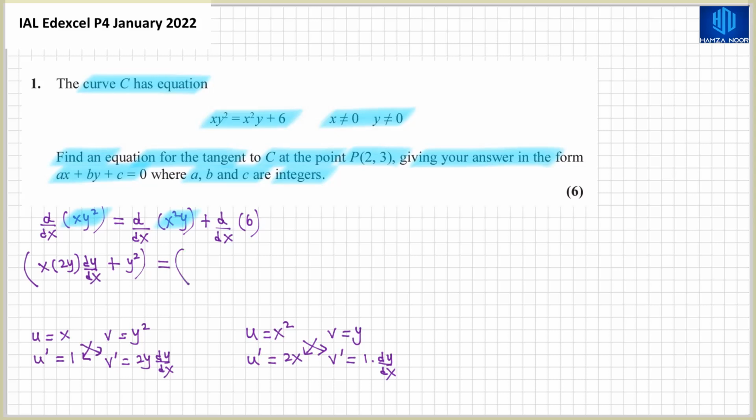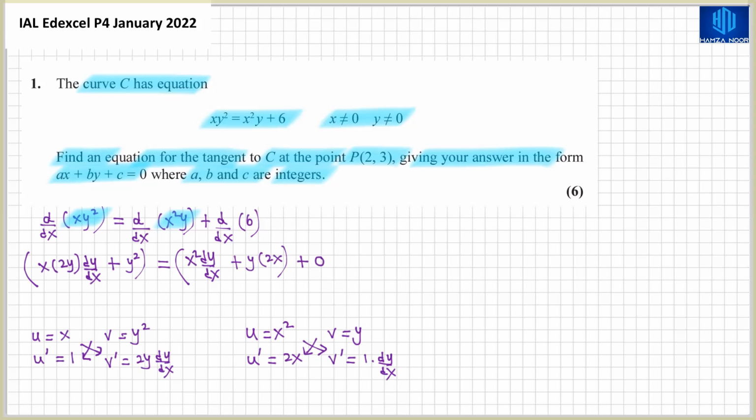I'm going to write the expression over here: x² multiplied by dy/dx plus y multiplied by 2x, and then plus this constant term 6, when it is differentiated, it becomes 0. So I've just mentioned 0 over here.